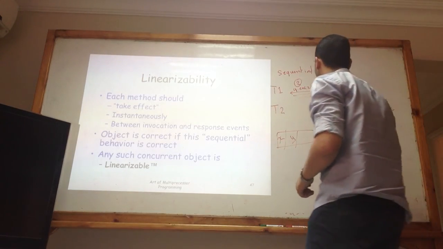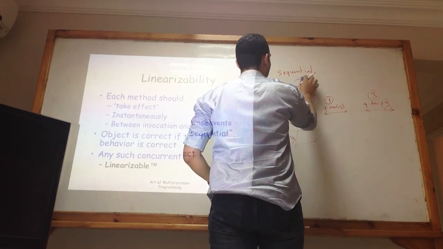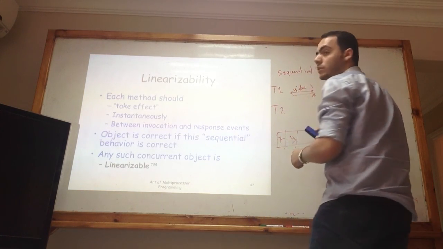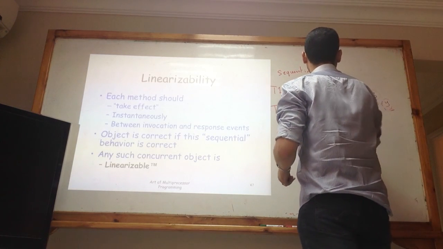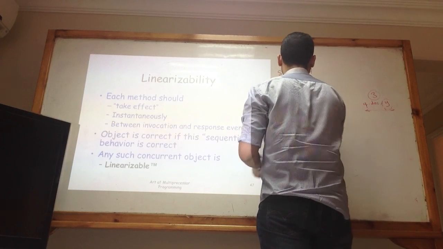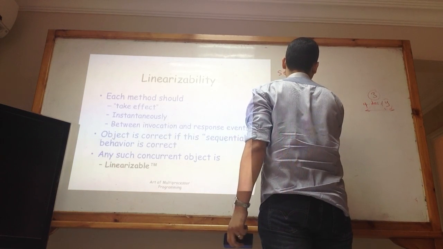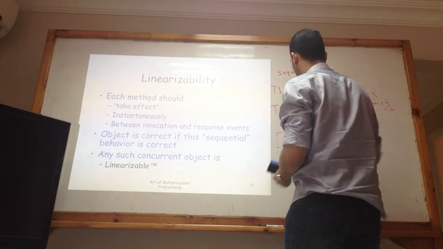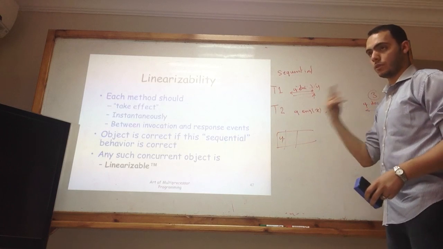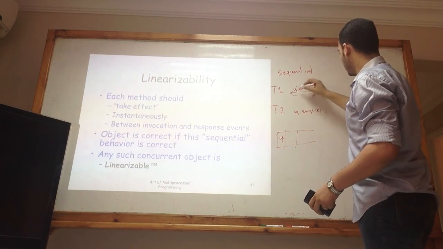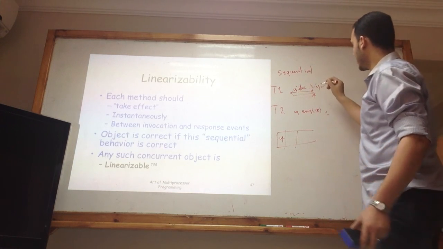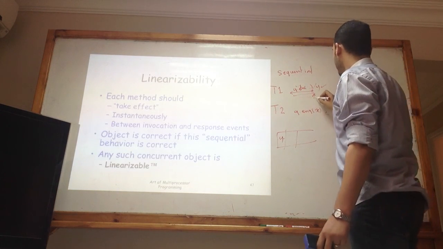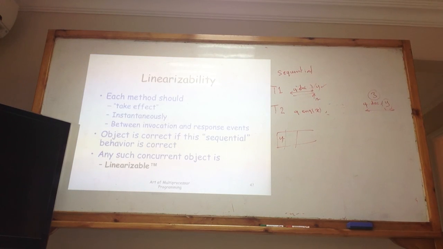Initially the queue has one item. At this point, T1 will succeed to get it.